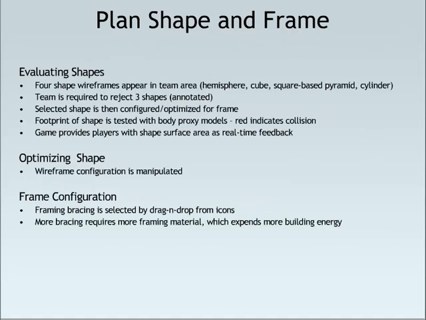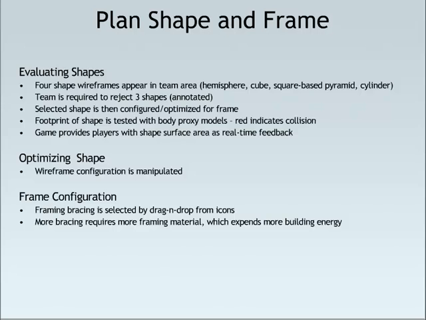In planning the shape and the frame, the players have 4 wireframes that appear: a hemisphere, a cube, a square-based pyramid, and a cylinder. They're required to reject 3 of the shapes, and they have to annotate why they're rejecting those. So what they're going to do is look at the footprint of the shape, and they have some body proxy models that they're going to use to evaluate the size.